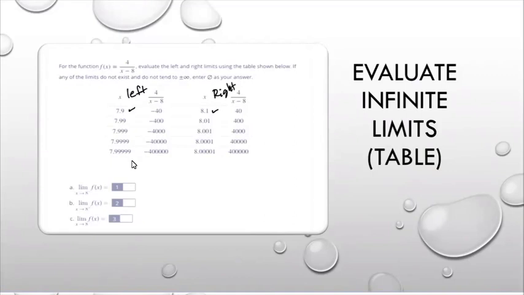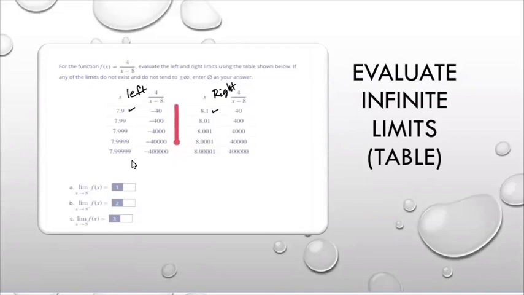And so from here, we have to talk about what is going on with that. We start at minus 40, then we go to minus 400, then minus 4,000, then minus 40,000, minus 400,000.